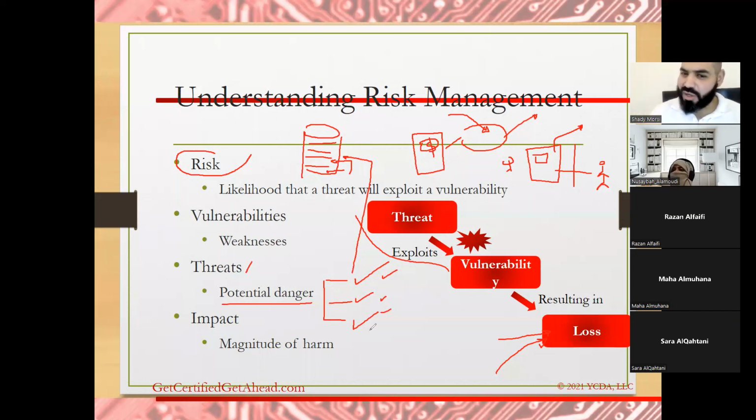How can an attacker really harm our availability? Let's say the attacker, right after he copied this data, deleted this data. What's gonna happen to this data? It's not gonna be available anymore. If I don't have a corrective control, like a backup, I lose all my data, right?